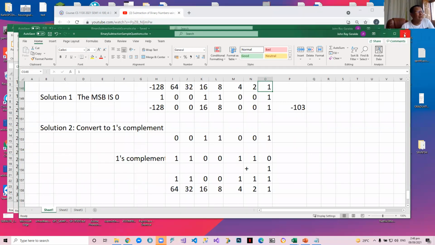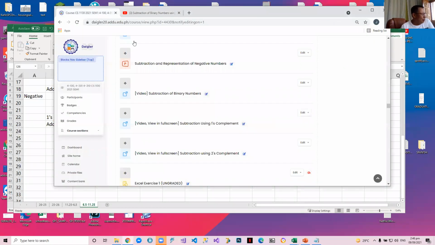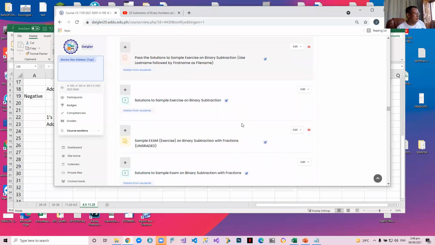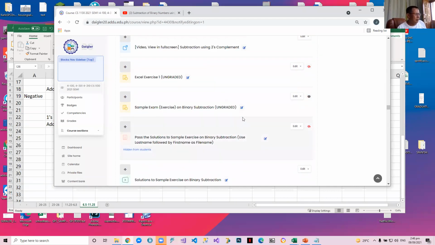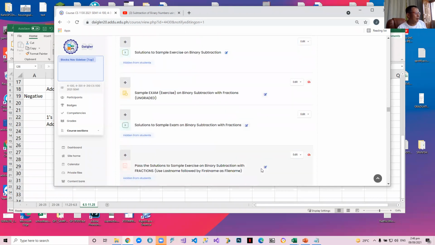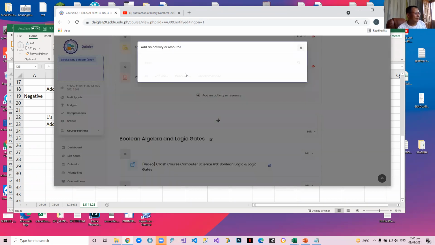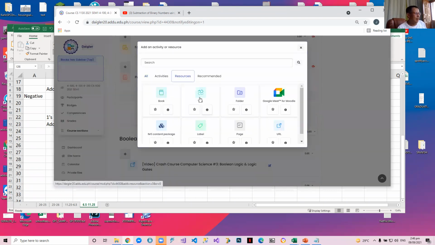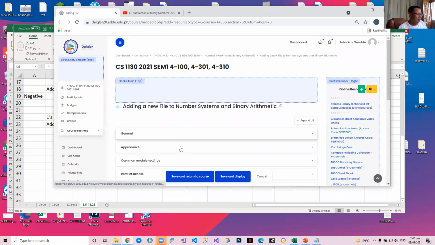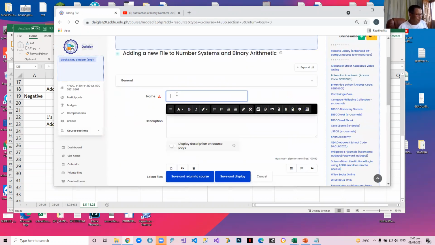Any questions so far? No? So we have very little time remaining. I'm going to upload the simple exercise on binary subtraction, the simple example file.